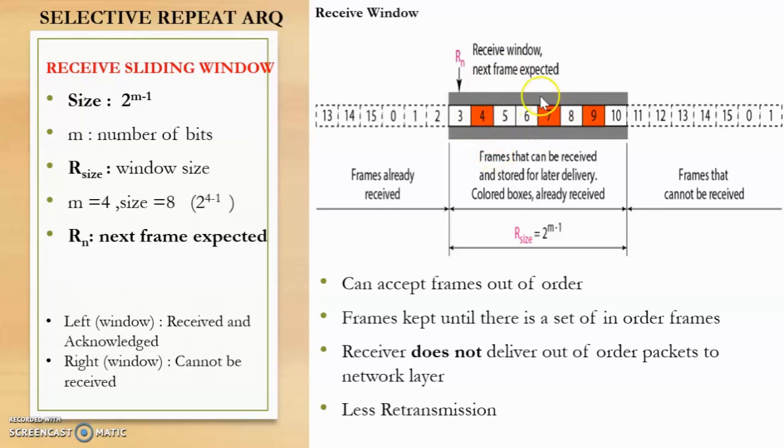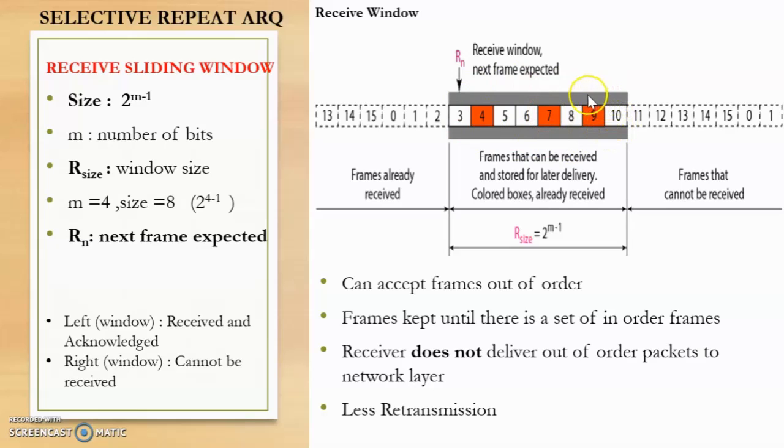Similarly, suppose frame 7 arrives before frame 3. In this case the receiver will check if the sequence number 7 is present in the receive window. Now sequence number 7 is present in the receive window, so as a result the receiver will accept frame 7 and store it in the receive window.